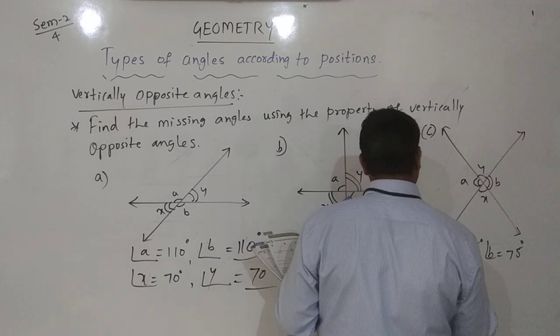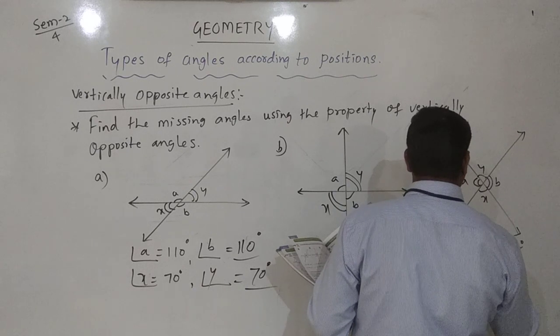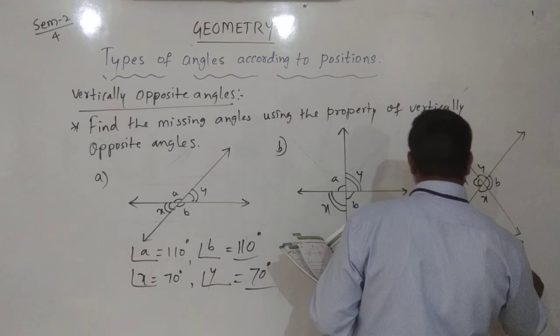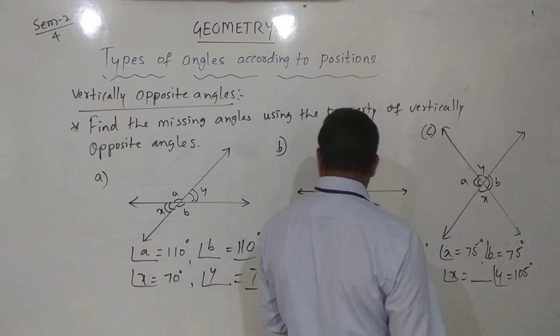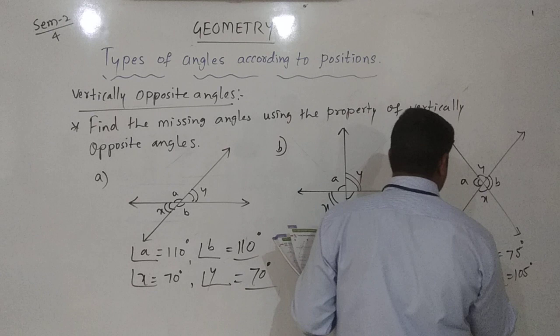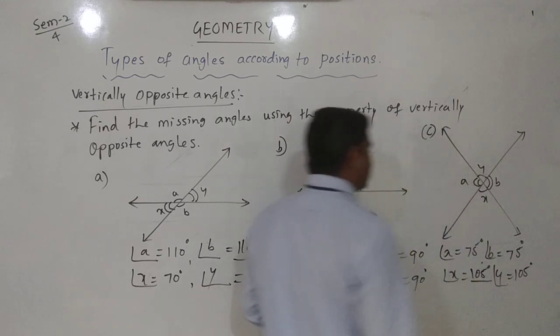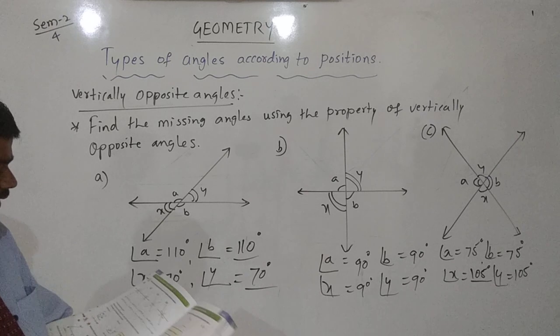Angle X is not given, but angle Y is equal to 105 degrees. Then automatically we can write angle X is also 105 degrees.